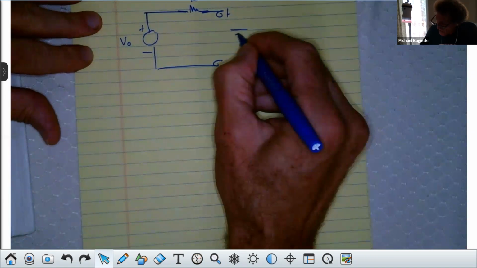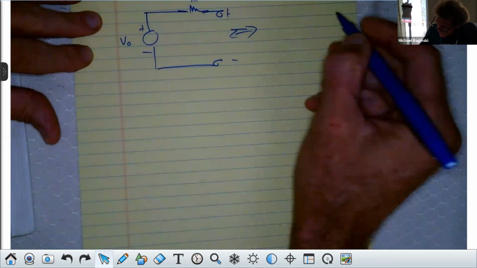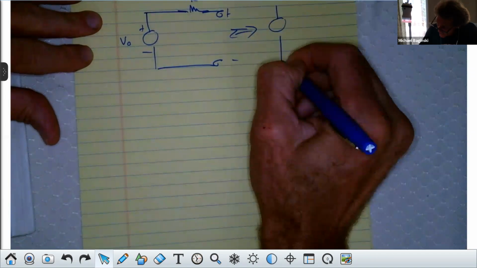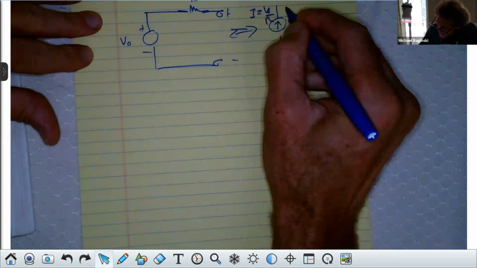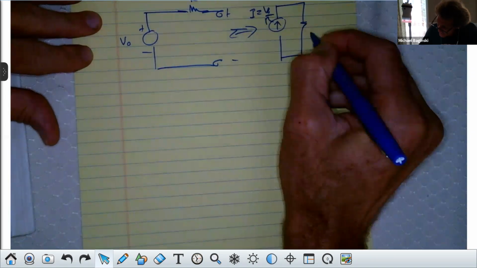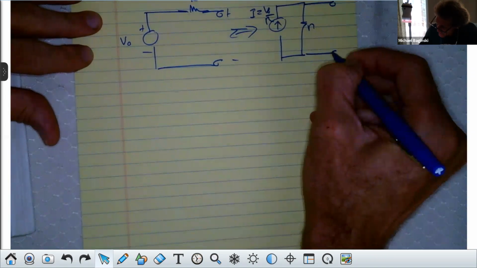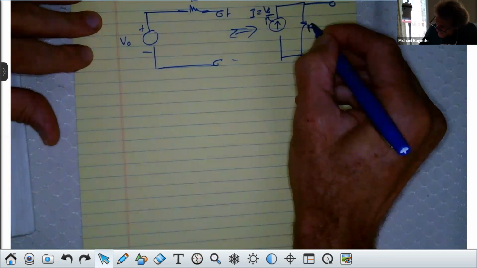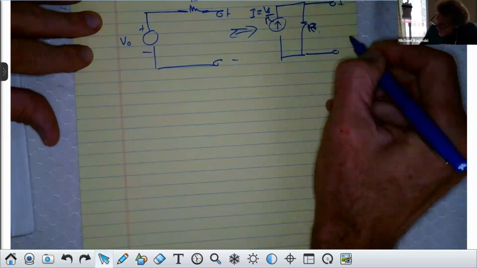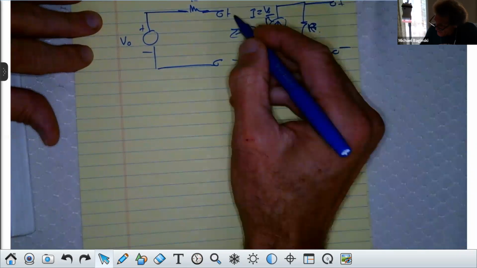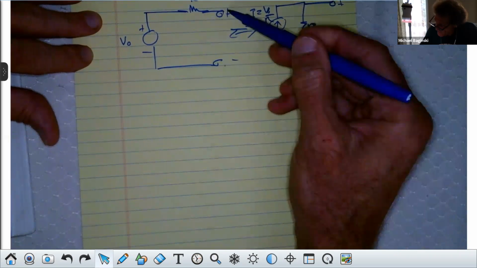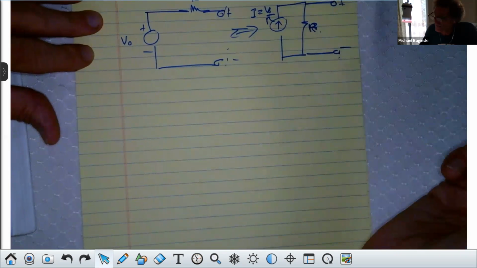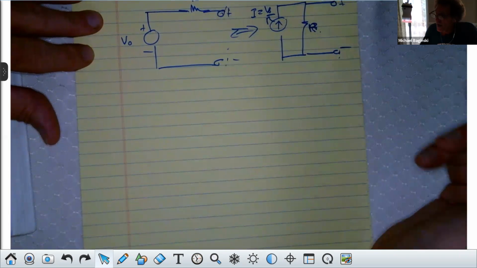I'm making an argument that this is equal to a current source where the current I is just the voltage source divided by R, with that R in parallel with it, and these two terminals right here are the same as these two for all intents and purposes. Anything I put across here will have the same response as anything I put across here. That's the argument, and I'll prove it to you.